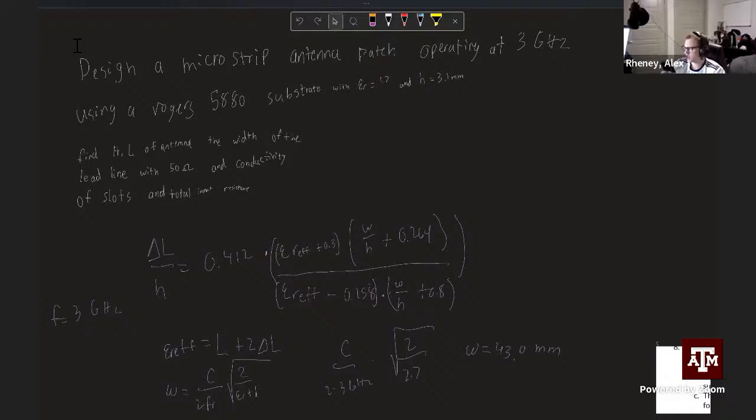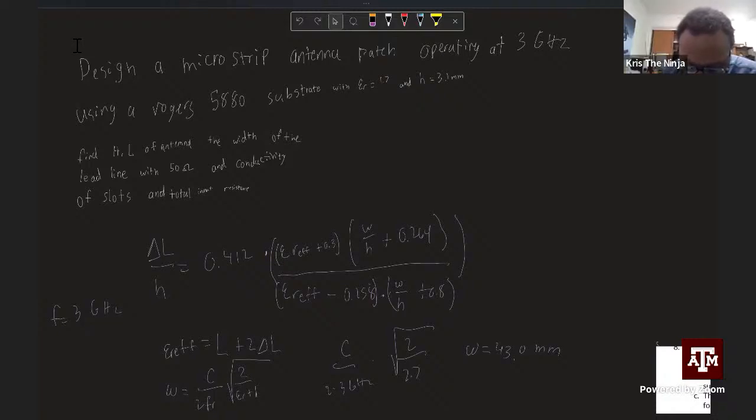So it's epsilon r plus 1 over 2, plus epsilon r minus 1 over 2, and then times the square root of 1 plus 12 h over w. Hold on, I'm gonna have to write that over here.